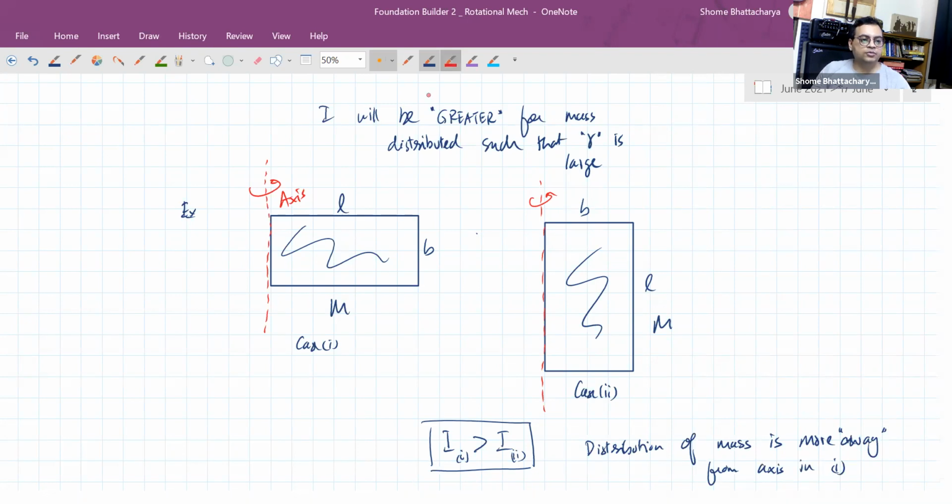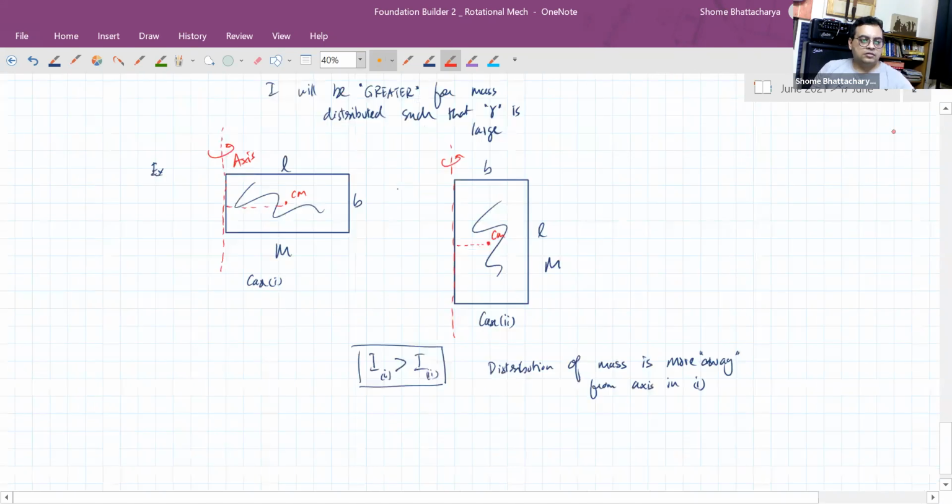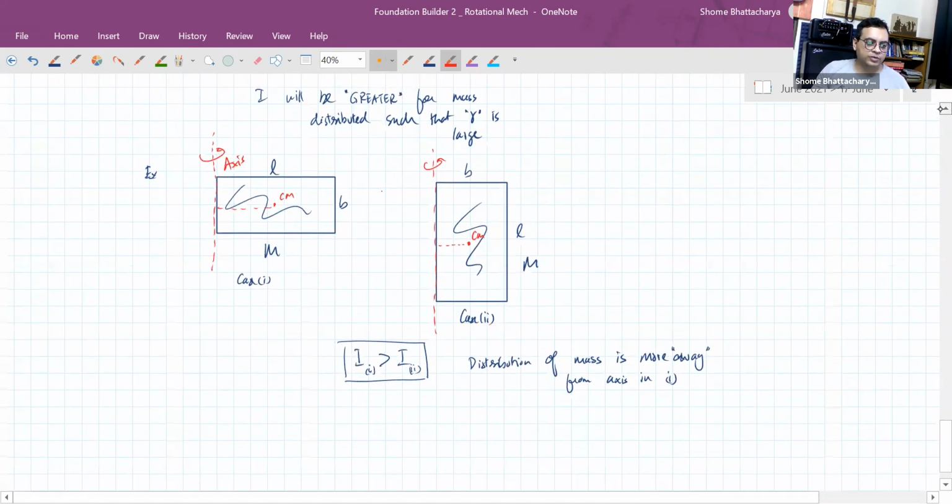You can see the center of mass is further away with respect to this axis of rotation. So that is one of the physical attributes of the quantity moment of inertia.